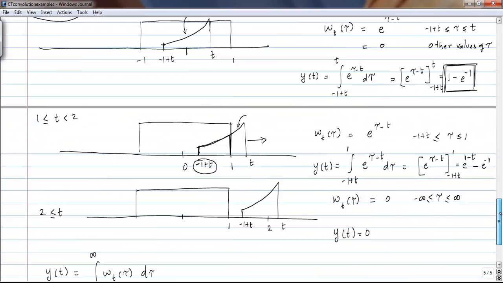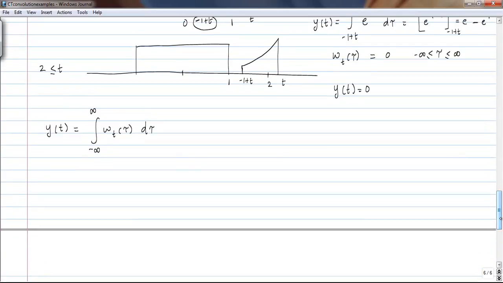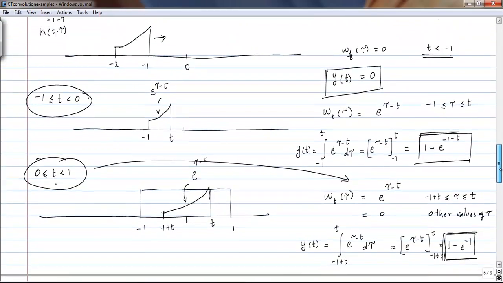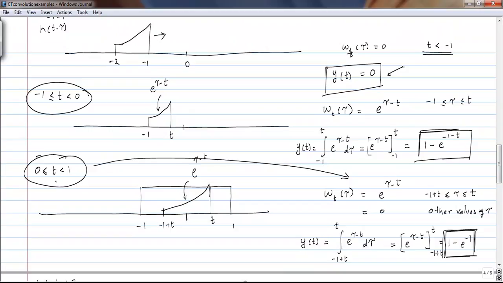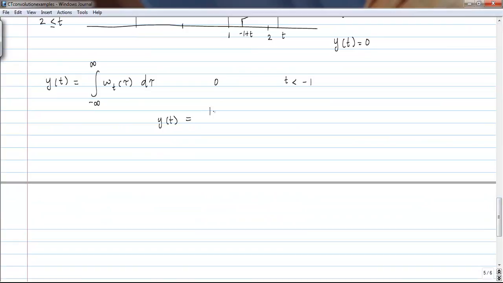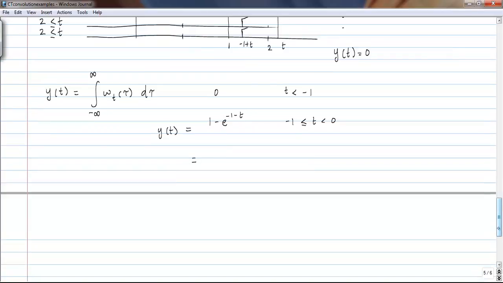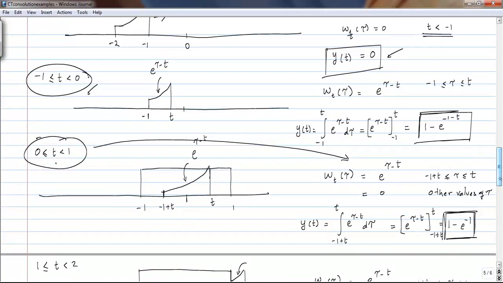Okay, so we can combine all this together and write the final result as follows. So y of t is defined piecewise. It is 0 for all values of t less than minus 1. We get that from here. Now when t is between minus 1 and 0, it's 1 minus e raised to minus 1 minus t, for minus 1 less than or equal to t less than 0. Now when t is between 0 and 1, it is 1 minus e raised to minus 1.